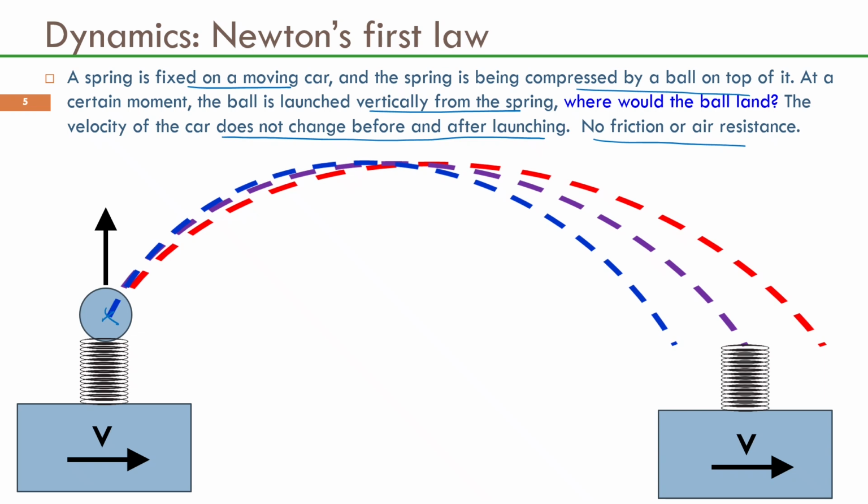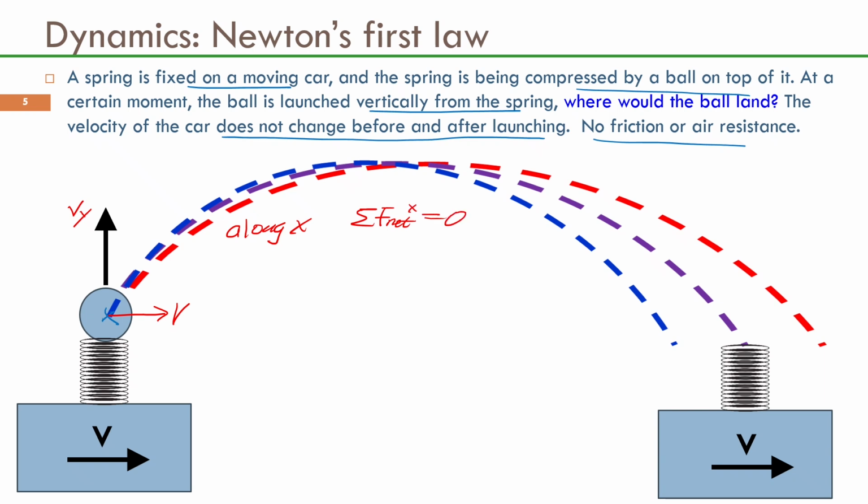So before launching, the ball is moving along with the car. So the ball should have a horizontal velocity of v. And when we launch the ball, it acquires a vertical velocity. So think about what happens along the horizontal direction. After the ball is launched, there is no net external force along the x direction.